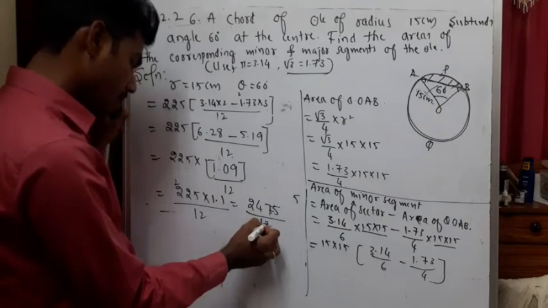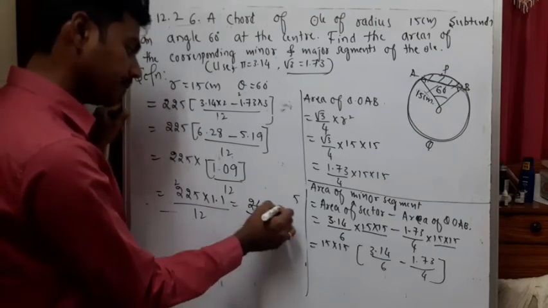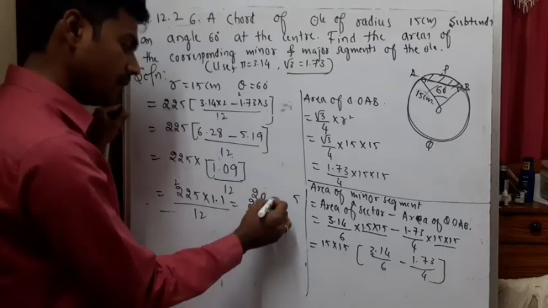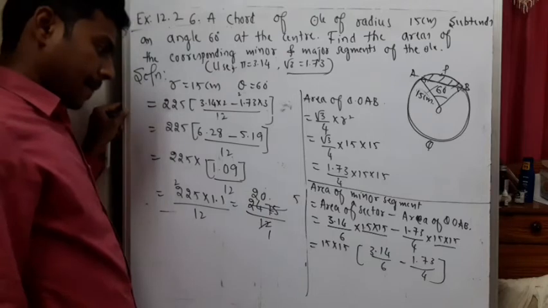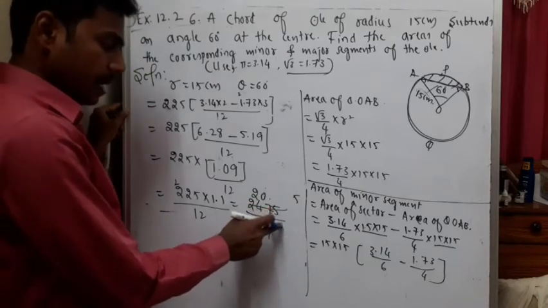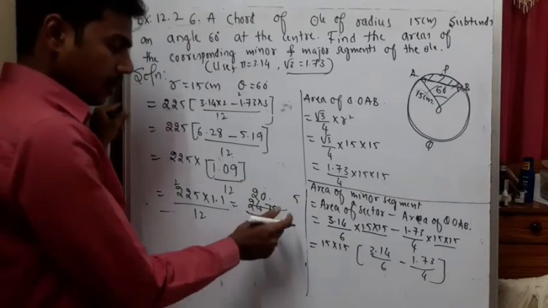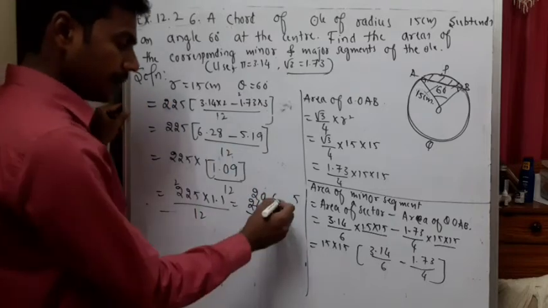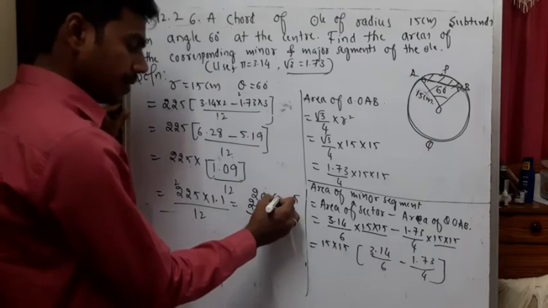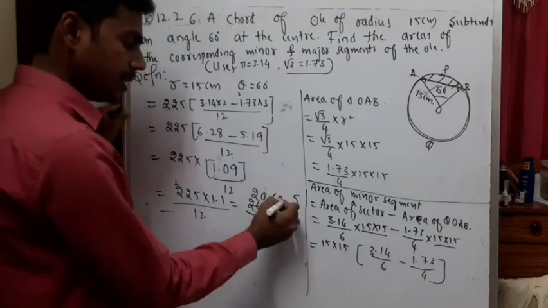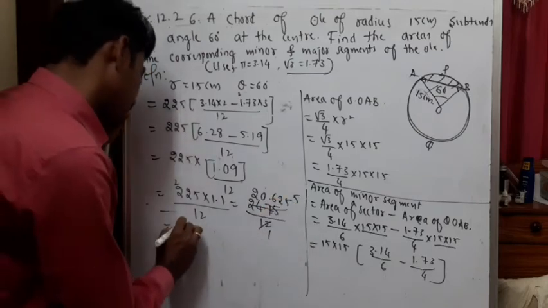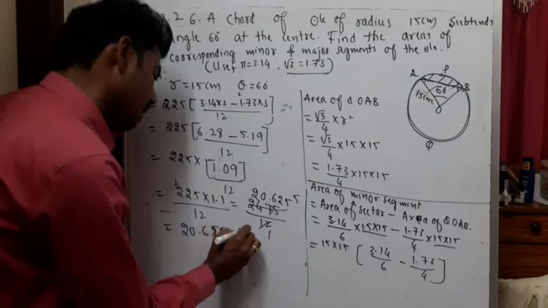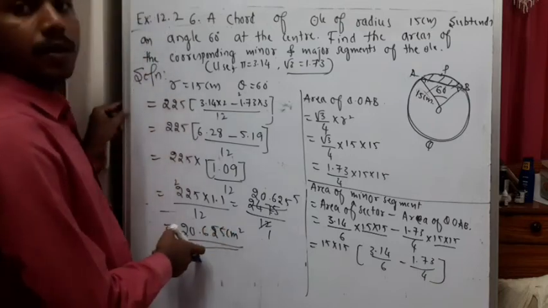Now 12 1s are 12, 12 2s are 24, 7 is less than 12, place the 0 here, 20, then this will be 75. 75 is 12 6s are 72, 3 left, 30. Next 12 2s are 24, 6 left, 60, 12 5s are 60. So 20.625 centimeter square is the area of the minor segment.